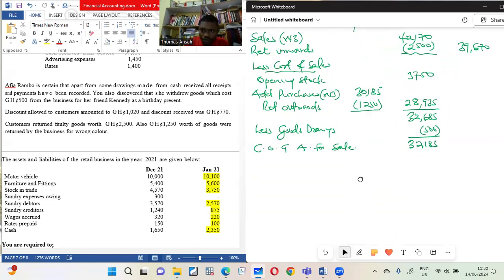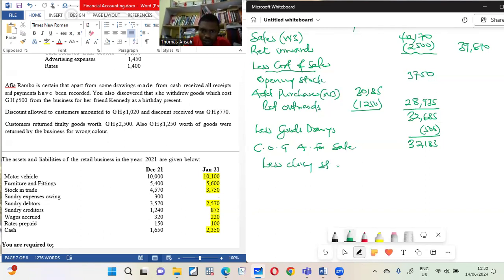Then the next thing to do is to less our closing stock. So closing stock is how much? 4570. So minus 4570. You see the way I've kept the figures on my calculator and I'm using? So 27,615.